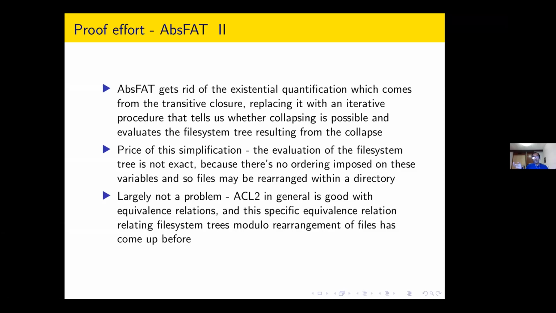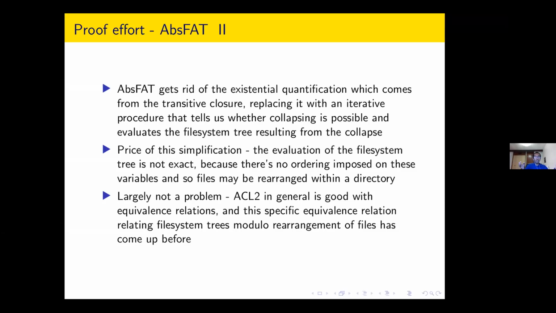And so files can be rearranged within a directory. But then again, that is not really something that needs to bother us at a conceptual level, because we are generally not used to thinking of files in a directory being ordered. And indeed, most file systems make it very clear that they do not have any semantics for expecting files in a directory to be ordered.